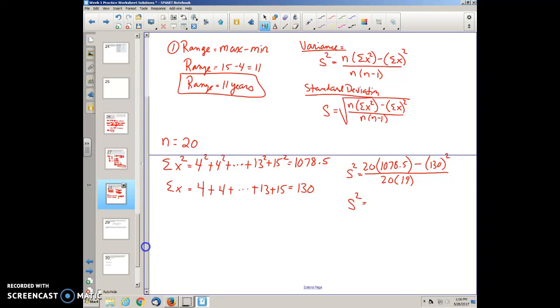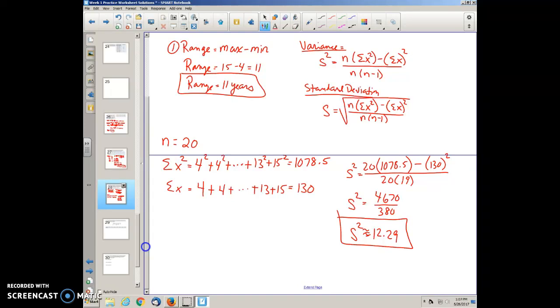In this case, in our numerator, we get 4,670. In our denominator, we get 380. So the variance, s squared, is approximately 12.29. This is not in years, so we're not going to write down the measurement in this case.